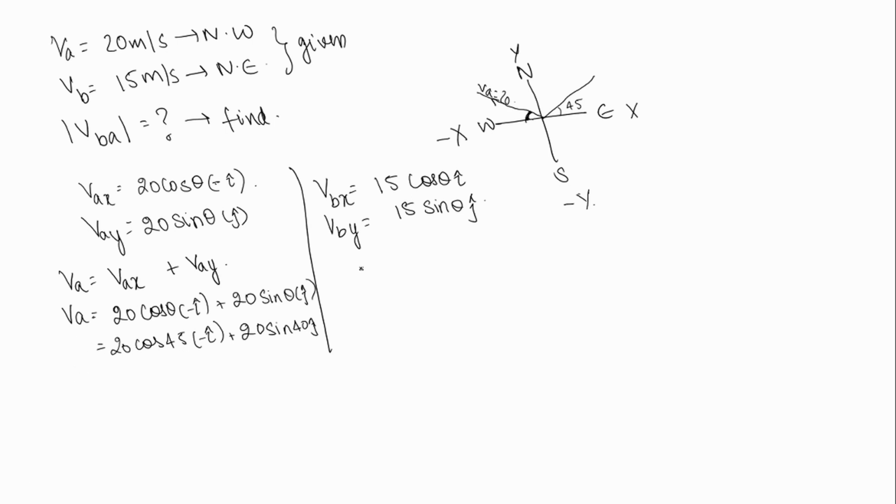Now we'll see the velocity of particle B. The total velocity of particle B is the velocity of particle B in the x-axis plus the velocity of particle B in the y-axis. So the velocity of particle B is 15 cos theta i cap plus 15 sin theta j cap.